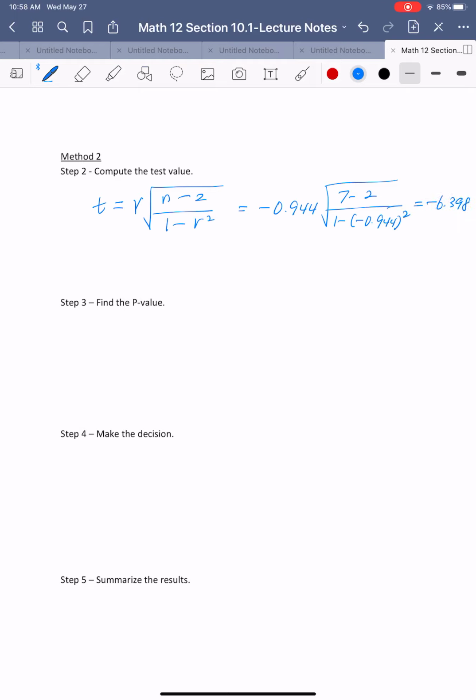Then we use that value with the table, and the p-value is going to be less than 0.01, but we still need to compare that to alpha, which is 0.05. So think about that relation. It works, right?